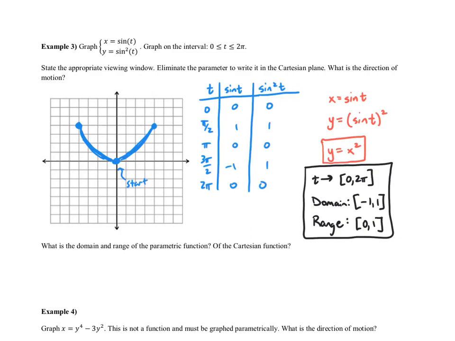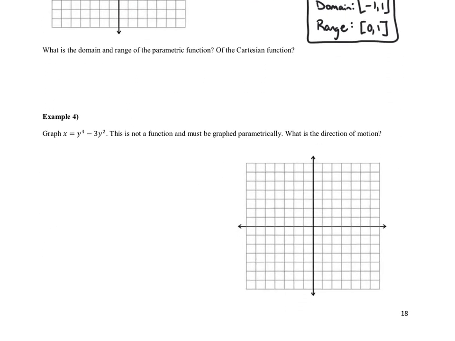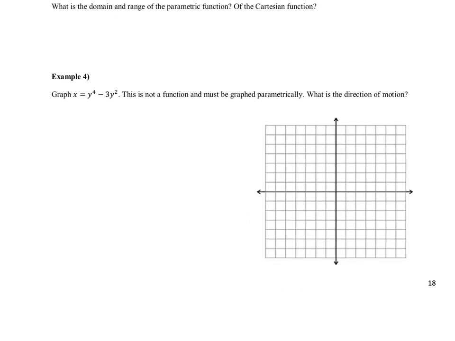Now this one I would love to have a calculator to show you because this particular graph is not a function, and therefore you can't type it into a TI-84. You could type it into Desmos, and Desmos would handle it just fine. But you could actually factor this and get a little bit of a sense of what's going on, but it's not a natural equation to factor, I don't think.